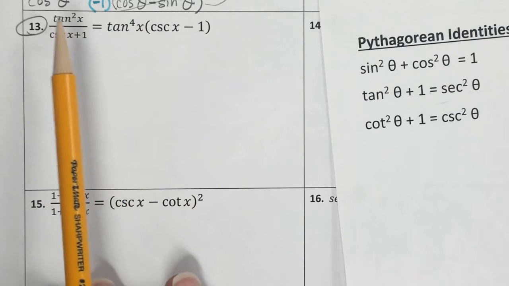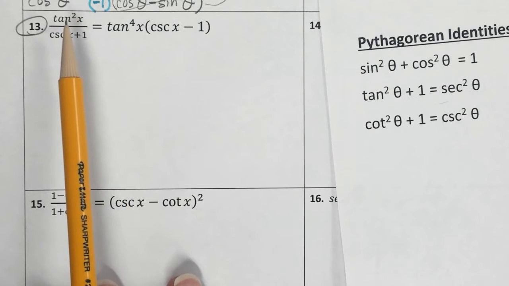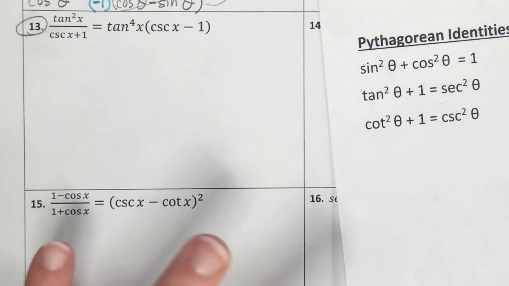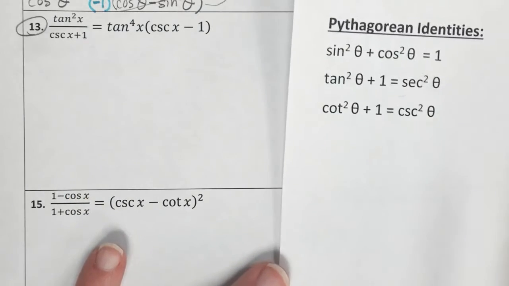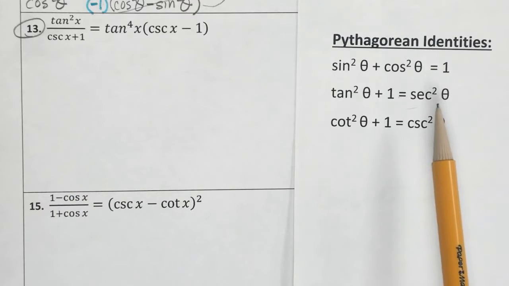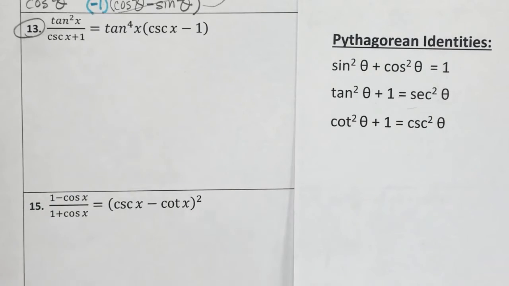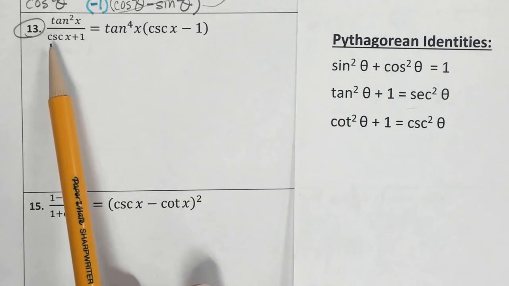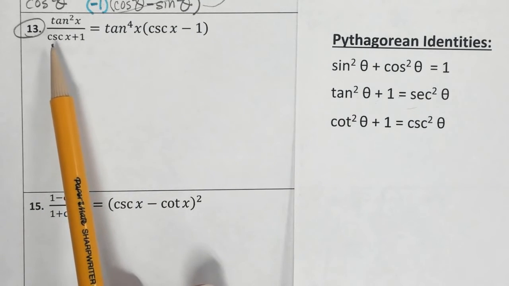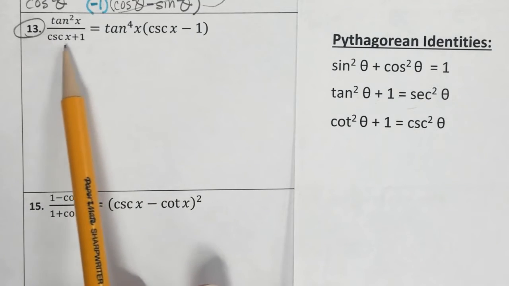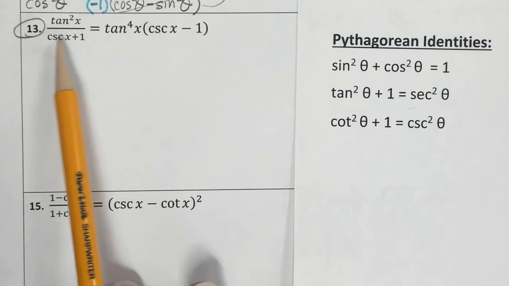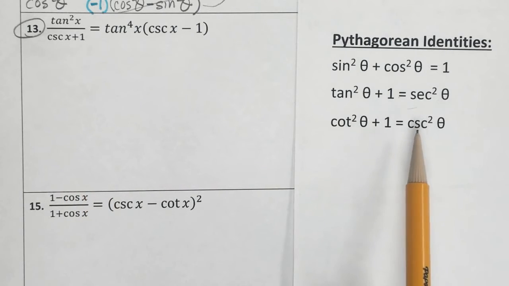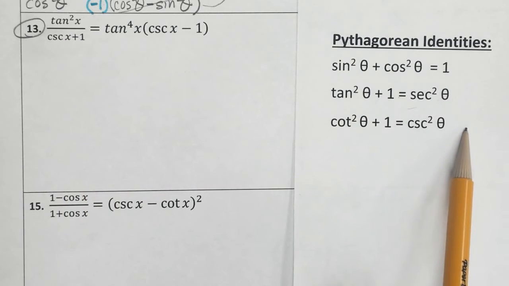I'm looking at this, seeing, all right, I've got one squared term, tangent squared, which I know can get me to secant squared. All right, secant squared is not going to help me much with the cosecant, but if this right here were squared such that I could have a cosecant squared minus 1, right?